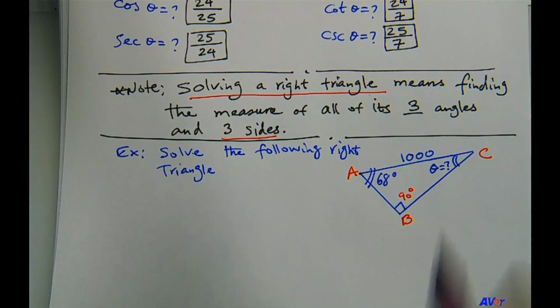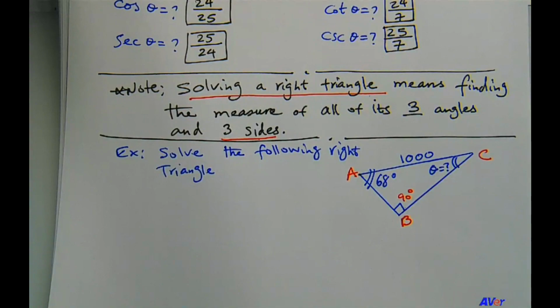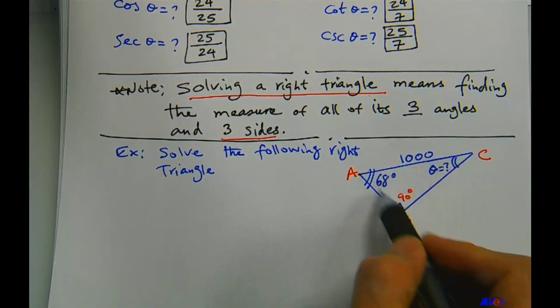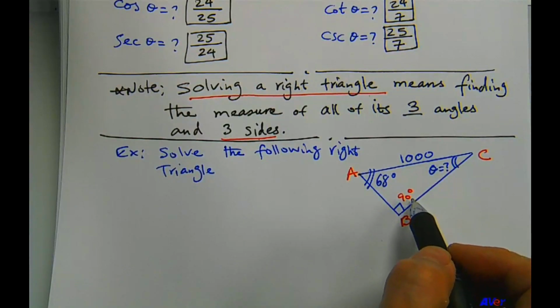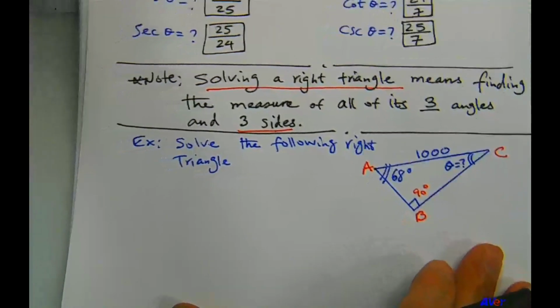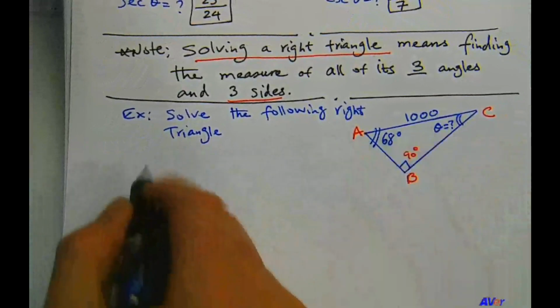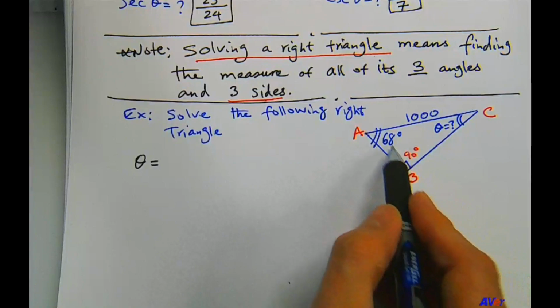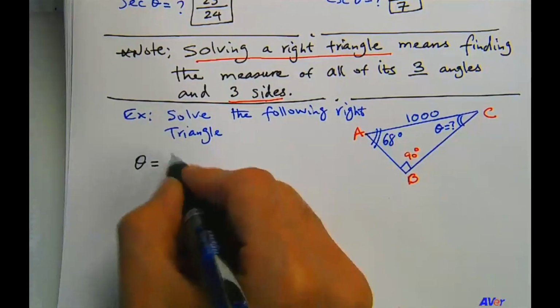Well, if you said this theta, you're absolutely correct, because the summation of all angles within any triangle should be 180 degrees, right? So we know that theta will have to be 180 minus the summation of these two angles.